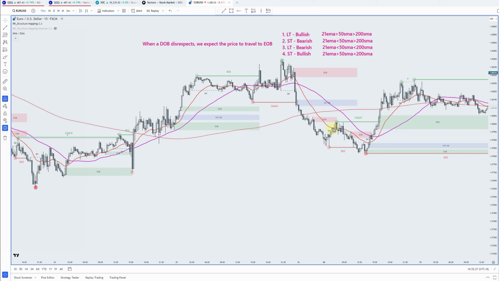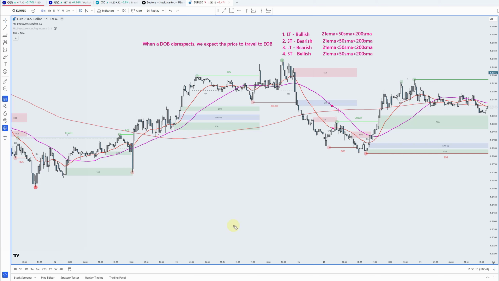This is the 21. 21 is below the 50, right? 21, longer term base. 21 is less than 50, and 50 is less than 200, but 50 here is still above the 200 but is downtrending, and we are expecting that in the next couple of bars maybe it will cross, and then we will be longer term bearish, but not yet. If not yet, we will not sell here directly.